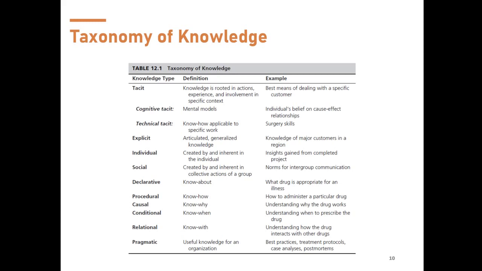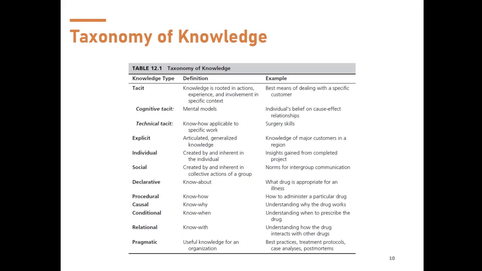And this spectrum, this continuum of knowledge that they proposed, included a range of knowledge types, for example, implicit knowledge. You can see those knowledge types in the table presented in this slide. Some of the knowledge types they proposed are implicit knowledge, embedded knowledge, and procedural knowledge, just to highlight a few.